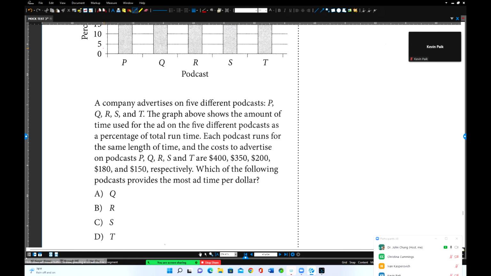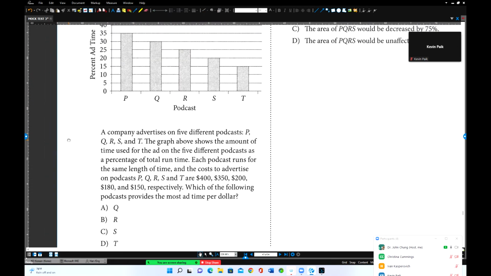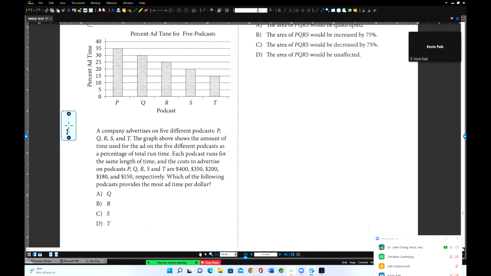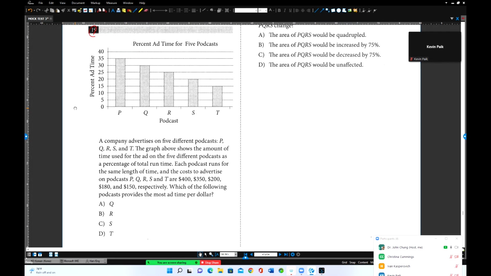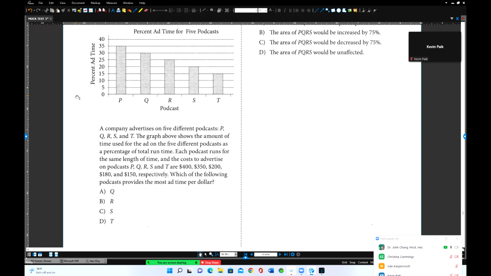Number 19. Wow, this is a long sentence. Percent of advertised time for podcast P, Q, R, S, T. A company advertised on 5 different podcasts, P, Q, R, S, T. The graph above shows the amount of time used for the ad for the 5 different podcasts as a percentage of total runtime.